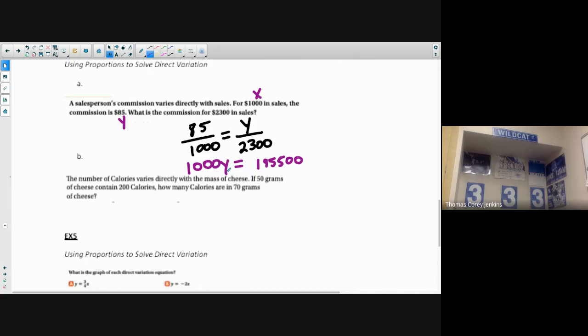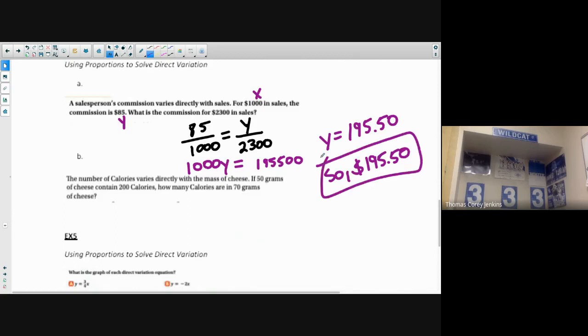So when we do that, we get Y equals 195.50.